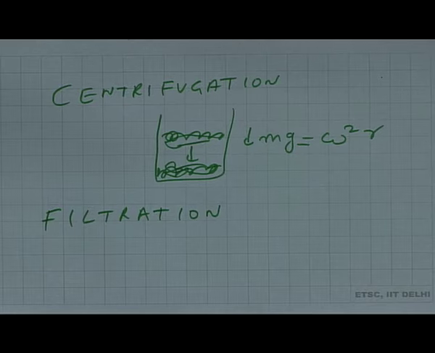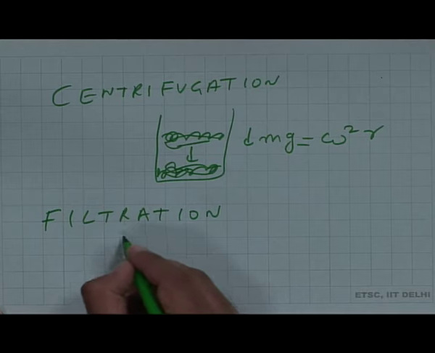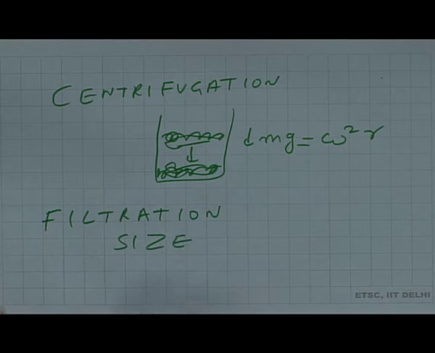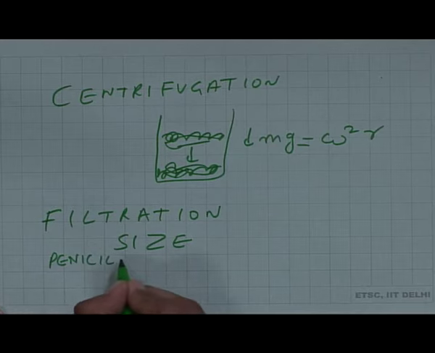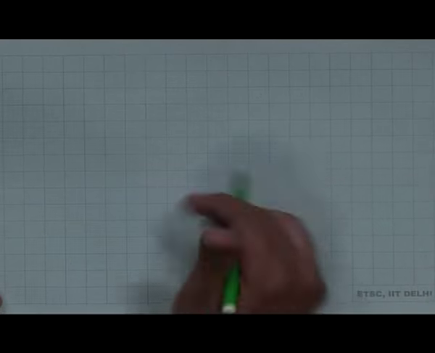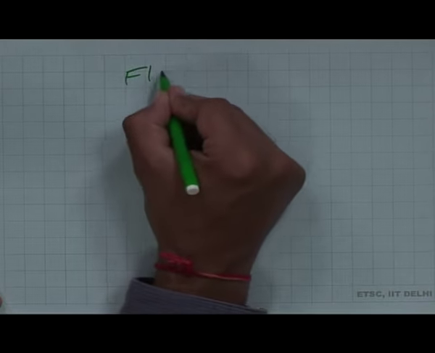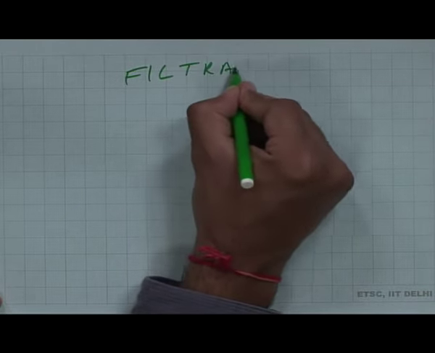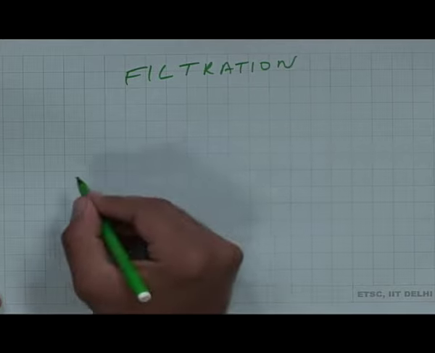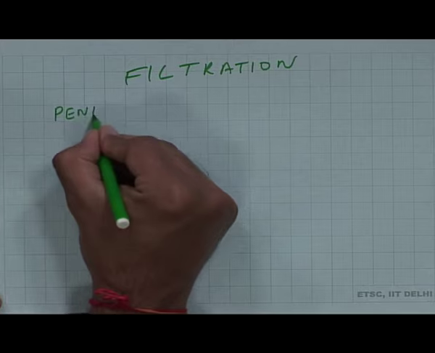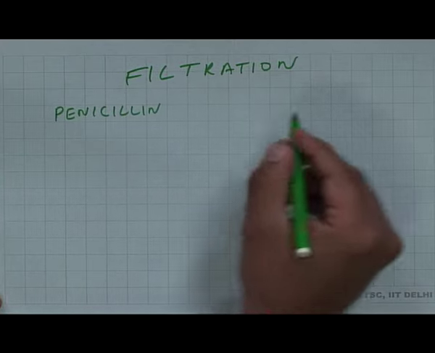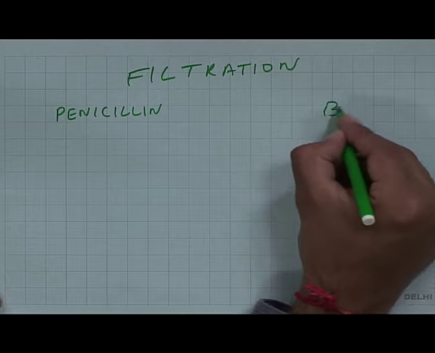Does filtration also use the same property, the solubility and non-solubility? If you think about it, it looks like it does, but actually it doesn't. Filtration is based on size. Let me write it again here: filtration, penicillin and biomass.